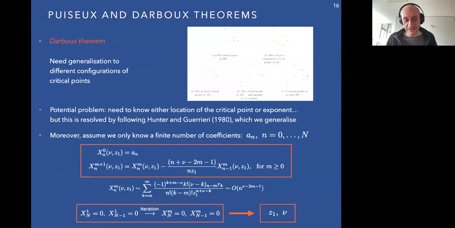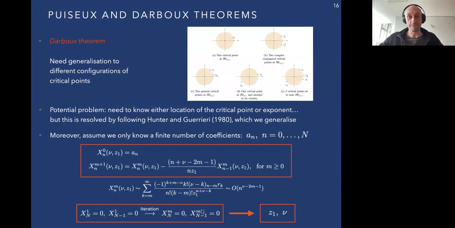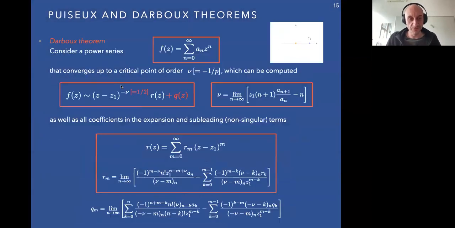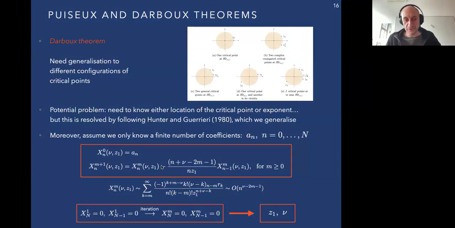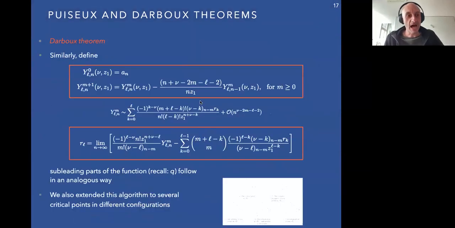And then you iterate over m, and you use these solutions as a seed, and eventually this will converge to Z1 and nu. So it's a way for you to find both. Nu is a square root exponent, and Z1 is the location of the critical point, from only knowing the coefficients a_n. This was shown in their paper.